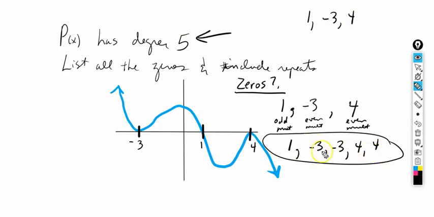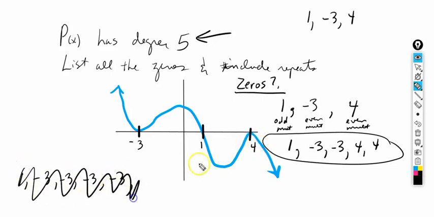And so how did I know that -3 was only repeated twice? It's even multiplicity. It could have been repeated 4 times. Well, if -3 was repeated 4 times, then I've got 5 zeros already, and there's no room for 4, and 4 is repeated at least twice. 1 is a 0.